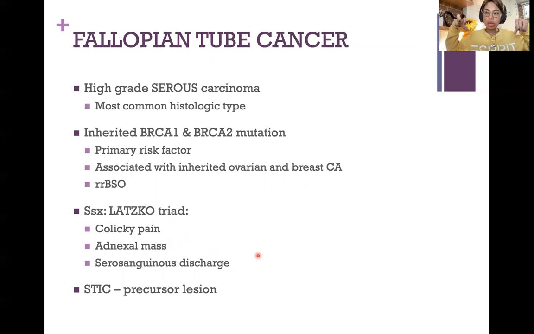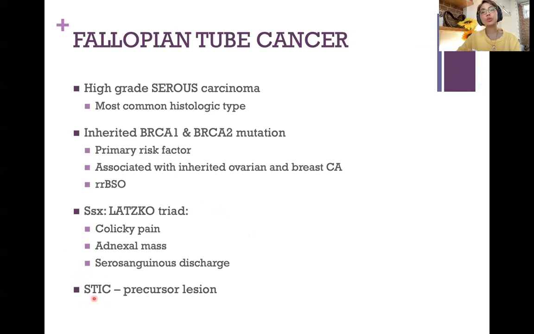Because the usual location of serous carcinoma is in the fimbriated end. It's trumpet-like. So if it's obstructed, as the fallopian tube tries to contract, there is an obstruction here, and so it produces colicky pain. And because the fluids cannot be released on the other side because of the obstruction, it presents as a serosanguinous discharge. Of course, we will be able to palpate an adnexal mass.